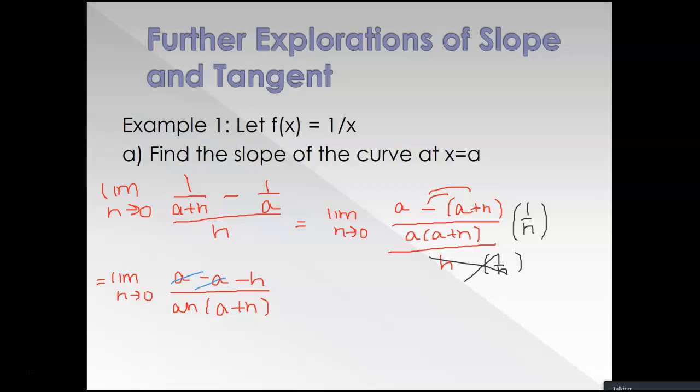a minus a is 0. Those are additive inverses. That leaves your top as negative h over a times a plus h. So technically this h and that h can cancel.